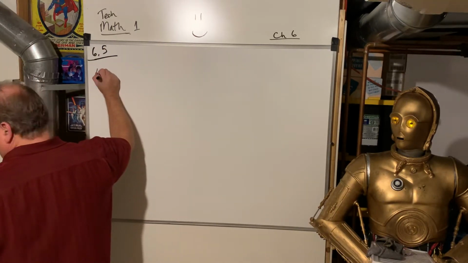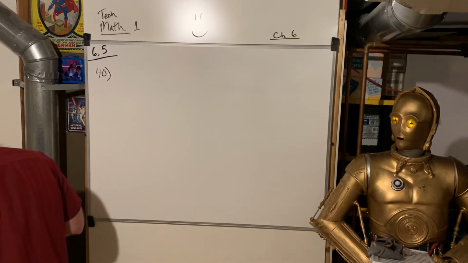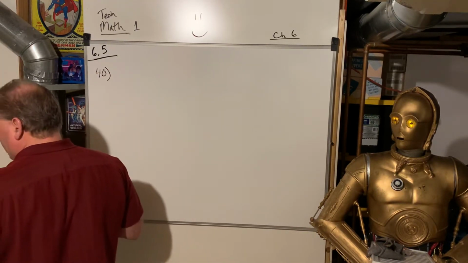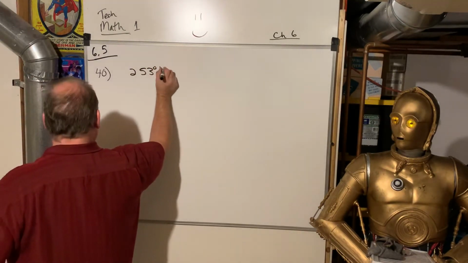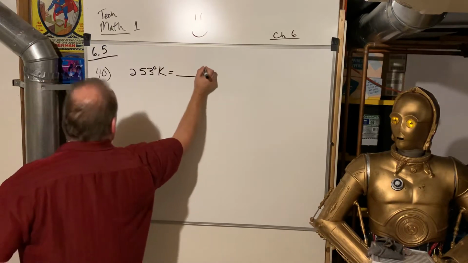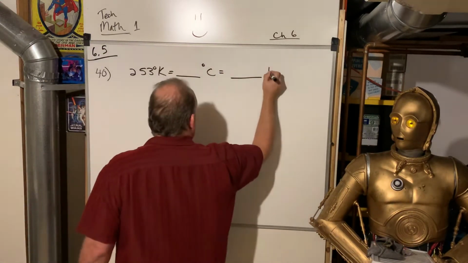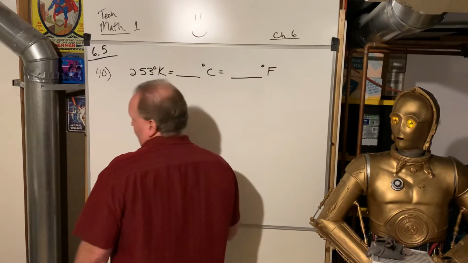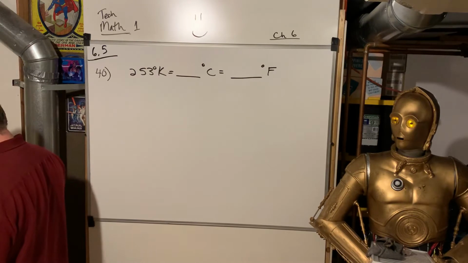So we're looking at number 40: 253 degrees Kelvin is how many degrees Celsius, and then how many degrees Fahrenheit is that. So they want those two things.